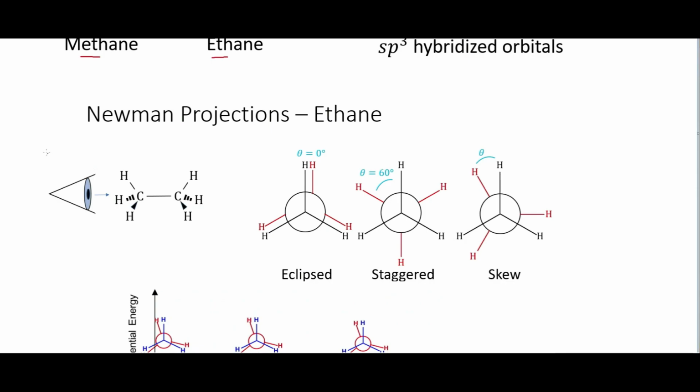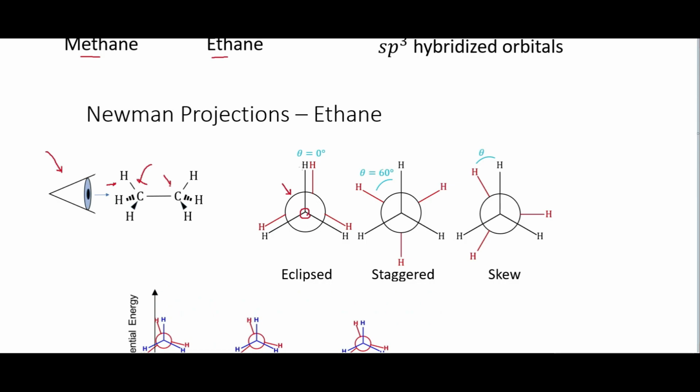That's looking at it from the end. So if we have an eye here, we are looking at our molecule this way. And this carbon right here is what we are showing right there. And this carbon right here is this larger circle right there. And so we can have this in these different conformations here.